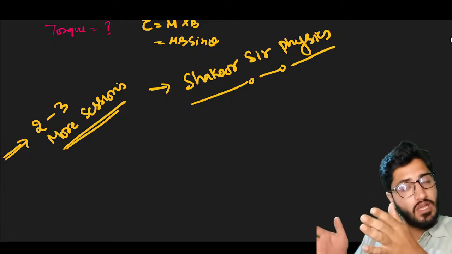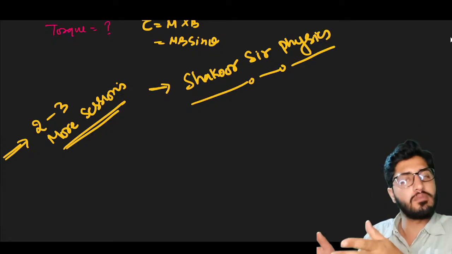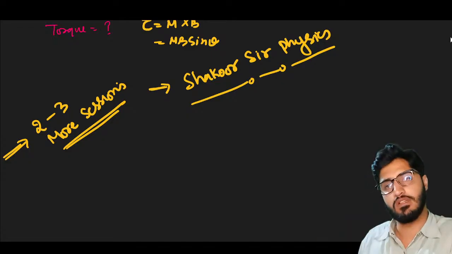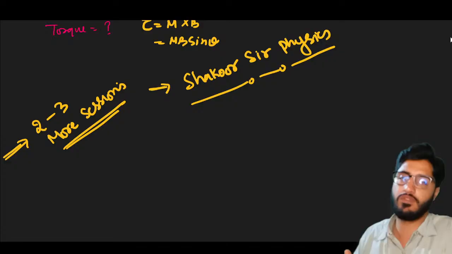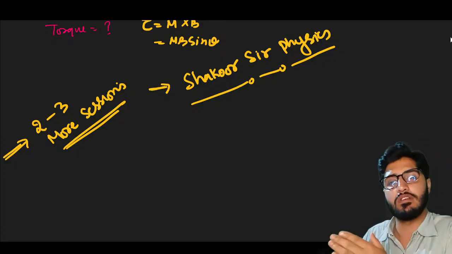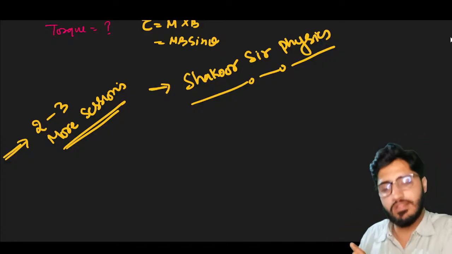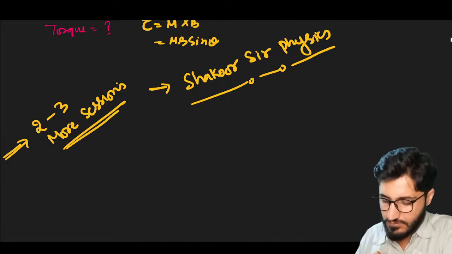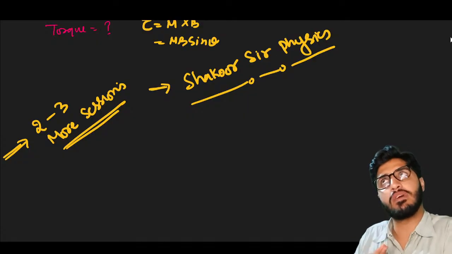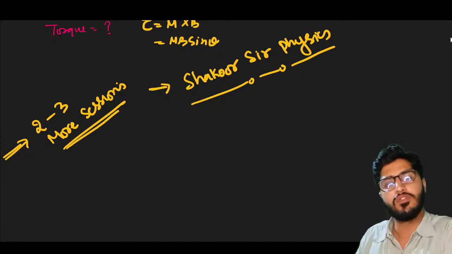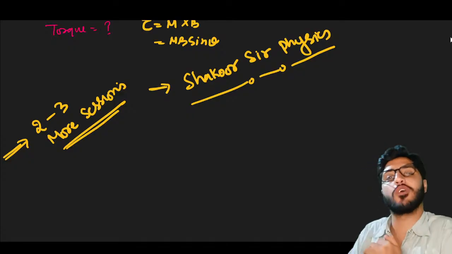Then within 3 or 4 months, we will complete your 11th. That means before December, your 11th and 12th are finished. If you have wasted your 11th, no issues. From next month, we will start 11th, and in 3 or 4 months, we will complete it. So you will have time to revise for your board examinations.